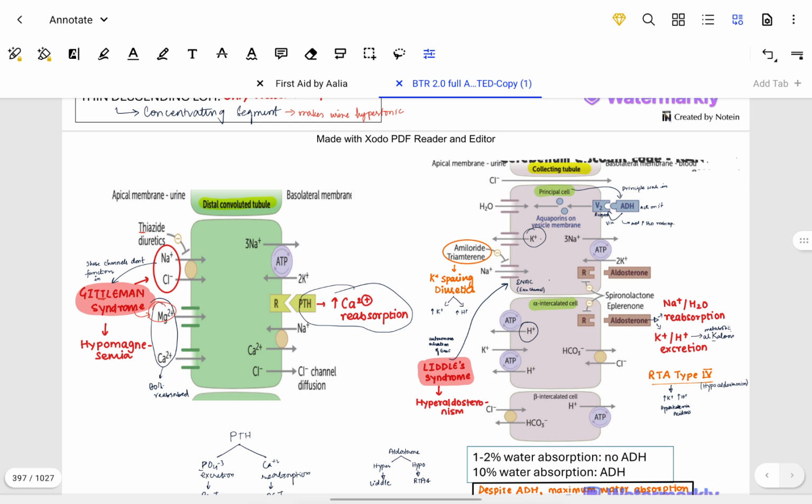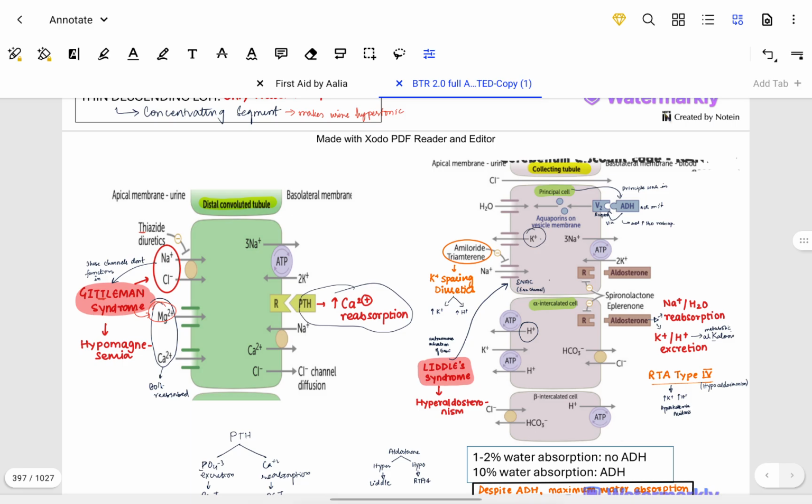Now in the principal cell there is water reabsorption, potassium excretion, and sodium reabsorption. There is an ENaC channel which causes sodium reabsorption here. Alpha intercalated cell is basically causing bicarbonate reabsorption and H plus excretion.